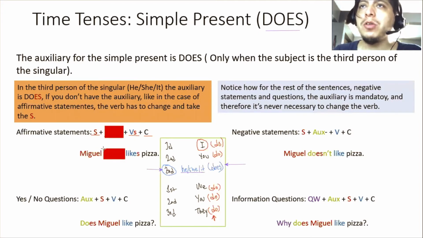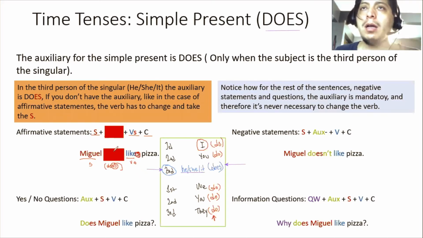So if we don't have the auxiliary, what happens? Well, you have your subject. You don't have the auxiliary. The auxiliary was does, the auxiliary has an s. If you don't have this auxiliary, the verb has to take this s.